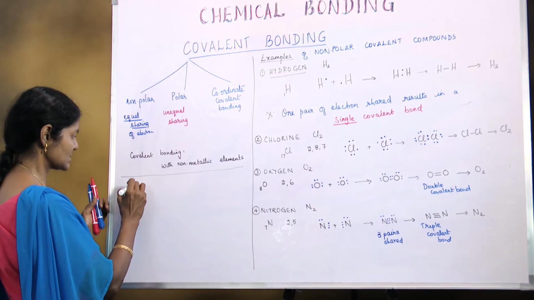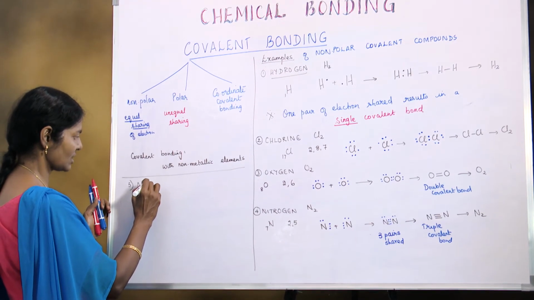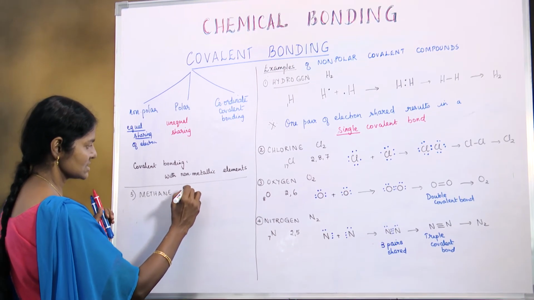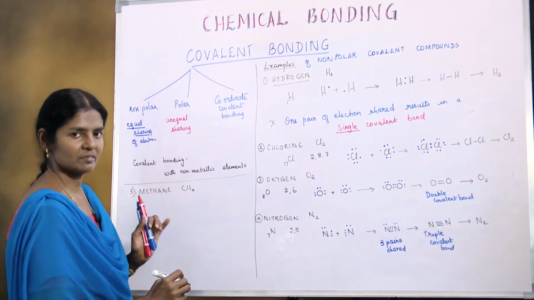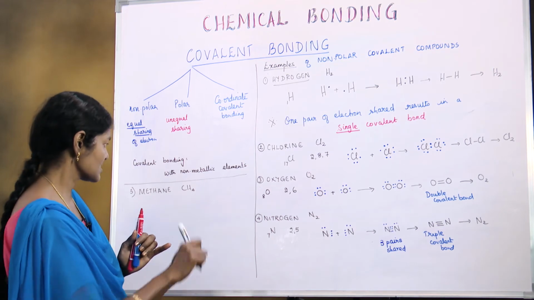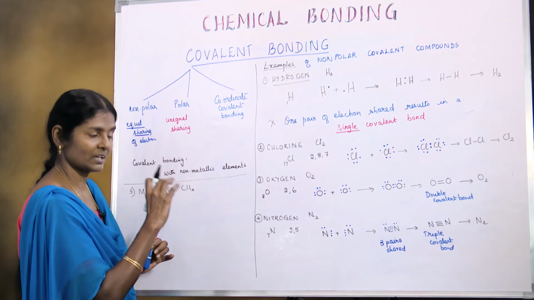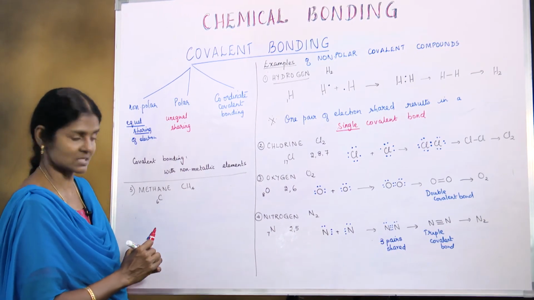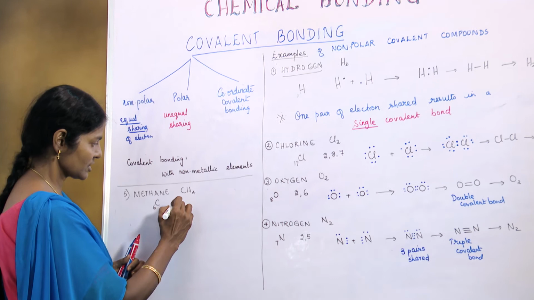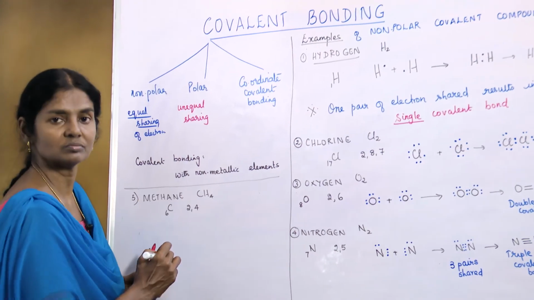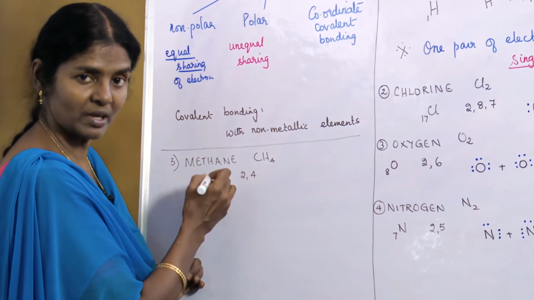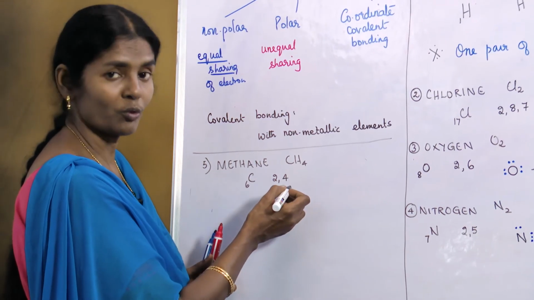The 5th example is methane. Methane's formula is CH4, which means it has 1 carbon atom with 4 electrons in the outermost shell. The atomic number is 6, which means the electronic configuration is 2, 4. If it has to be stable, if it has to obey the octet rule, it needs 4 more.